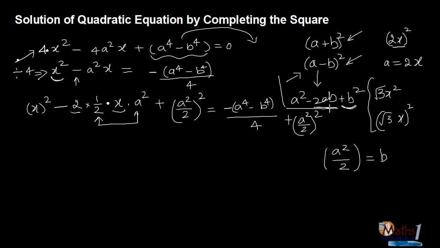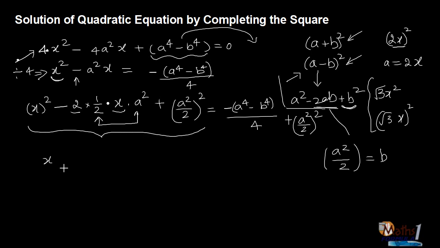Now as you can see, if this gets cancelled and this 2 gets cancelled, our equation remains the same. So I'm going to take that out. Now we know that this entire thing is going to give me a minus b whole square.